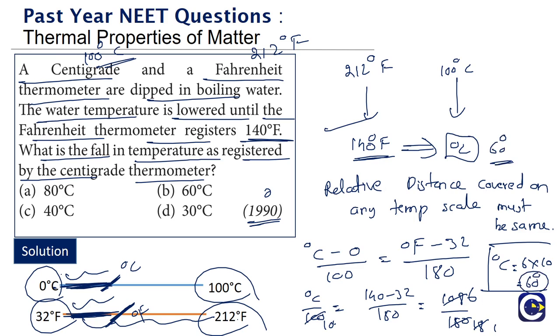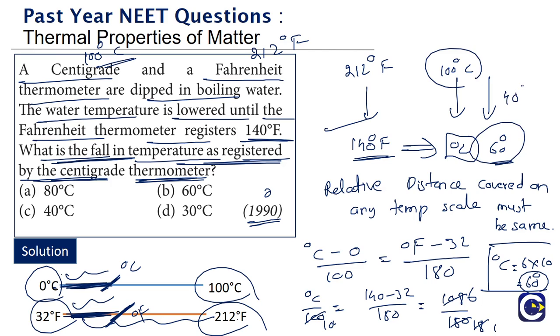But here we have to be careful. They are not asking us what is the temperature that is shown by the centigrade thermometer. What they are asking, what is the fall in the temperature as registered by the centigrade thermometer? Means they are asking what is the fall. Fall means from 100 it is coming to 60, by how much is it falling? It is falling by 100 minus 60, which is going to be 40.